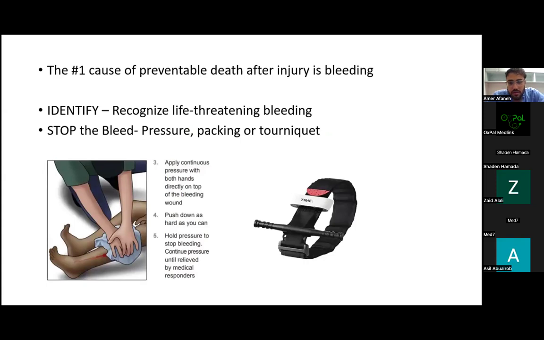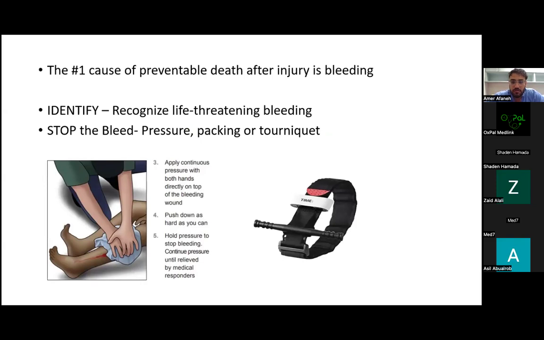All right. So when we teach this course, we try to make the concepts very basic so that somebody who has no medical knowledge is able to understand it, right? Because what may seem basic or intuitive for us as healthcare providers is not obvious to someone who's not in medicine or not in healthcare.